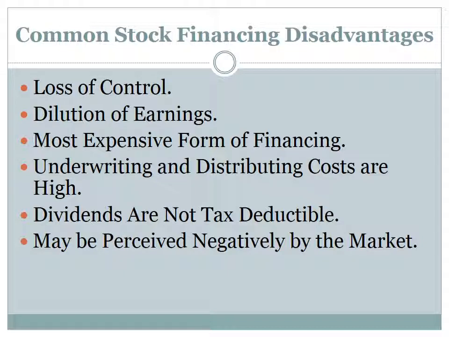The other thing that makes it expensive is that the dividends are not tax deductible. So the dividends are paid from after-tax earnings, so you don't get that tax break with common stock like you do with debt. And then finally, when you issue common stock, it's oftentimes perceived negatively by the market.